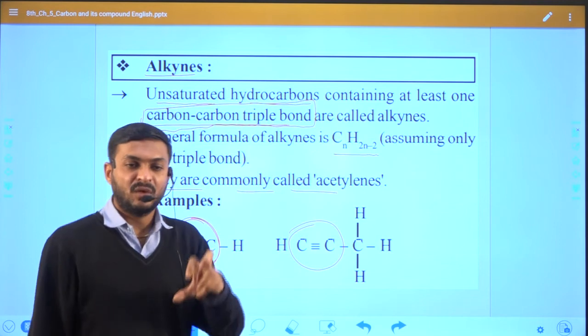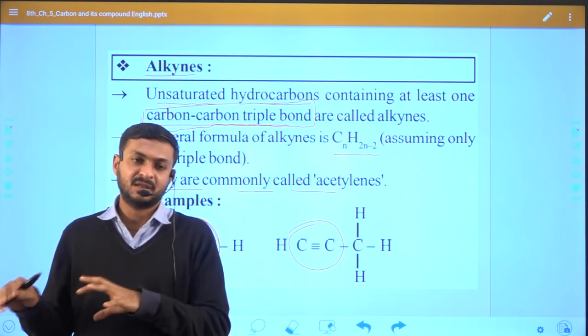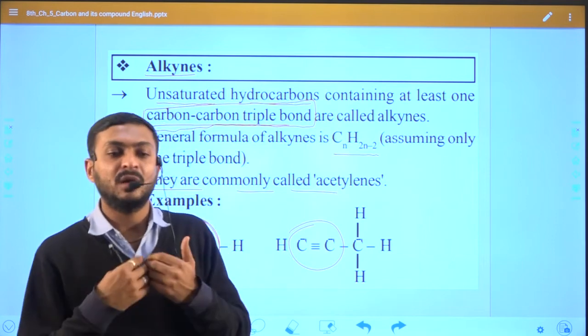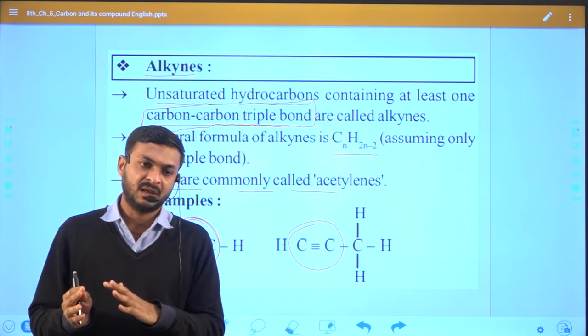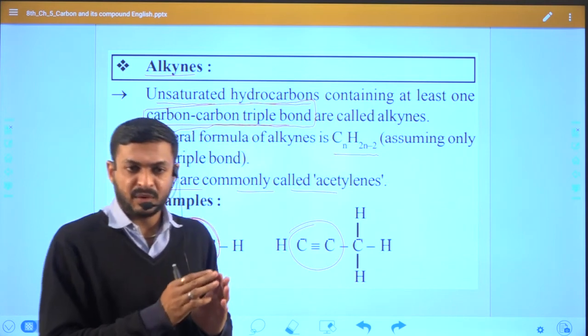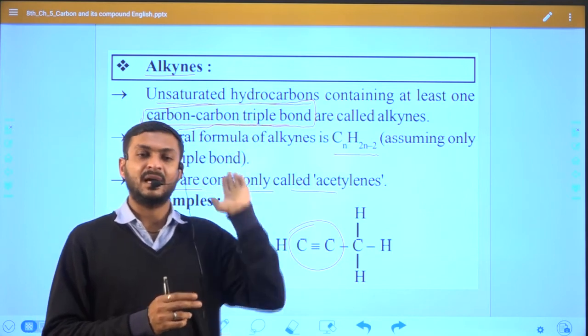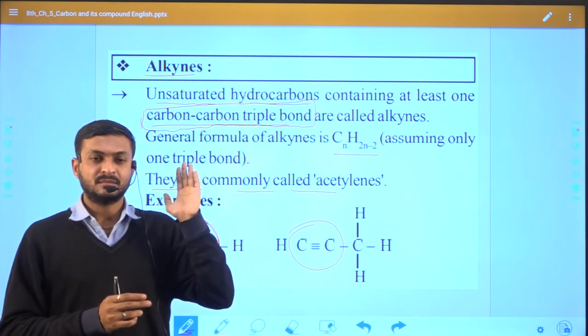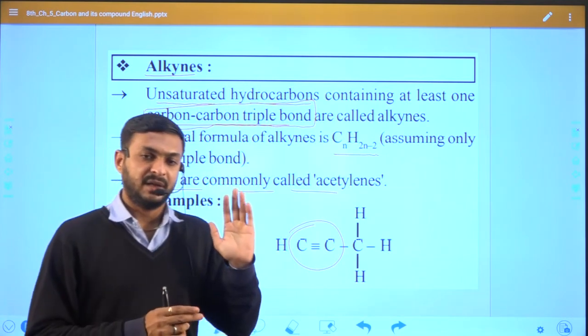What is the difference between alkane, alkene and alkyne? Based on the number of bonds, if all the bonds are single, then the compound is known as an alkane. If only one double bond is present, then the compound becomes an alkene. If a triple bond is present, then the compound is an alkyne.